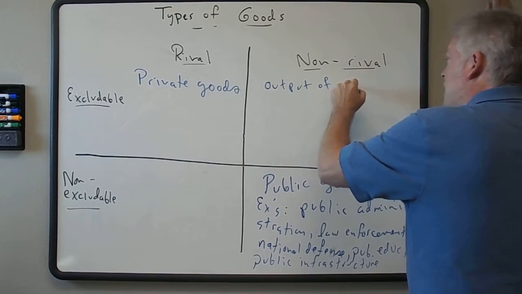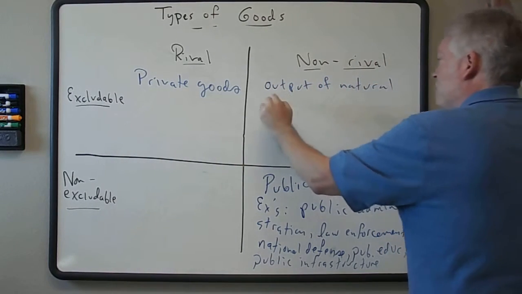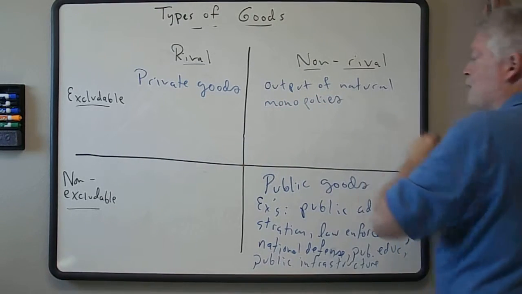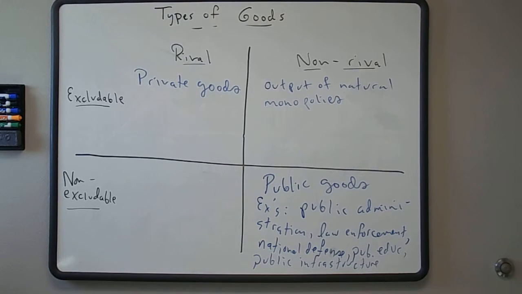For right now, we're going to be coming back to natural monopolies a bit later when we talk about market structure, but the output of natural monopolies is simply this. These are producers which produce a good that's non-rival, and yet they're excludable, non-payers can be prevented.